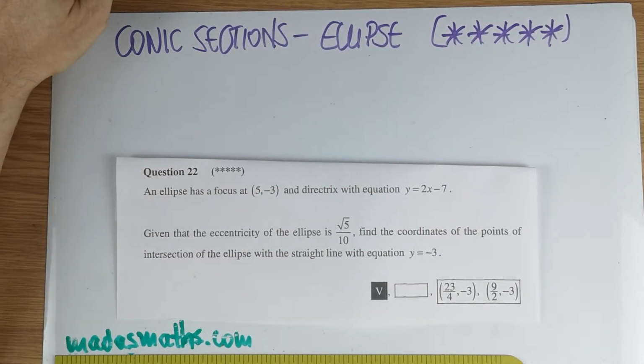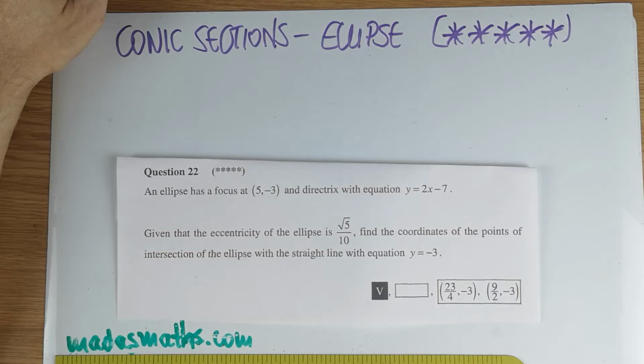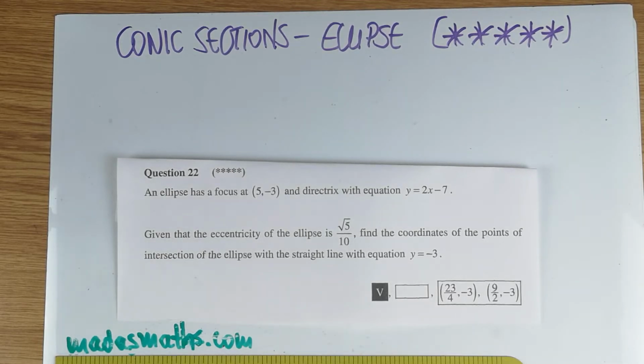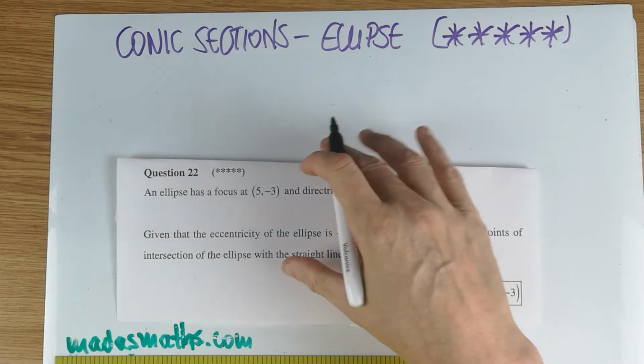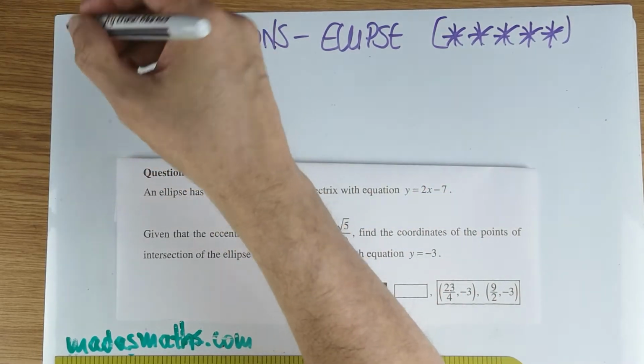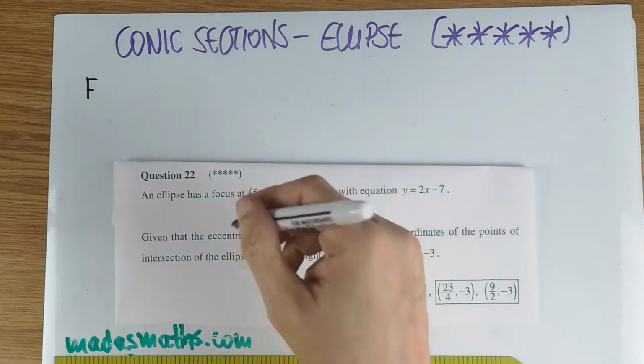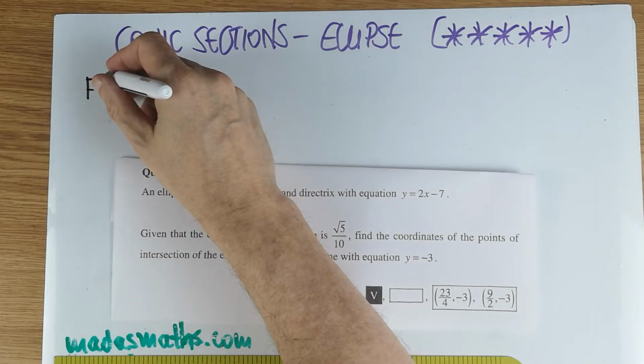Where do we start with something like that? Probably, first of all, start by recording the given information down. It's not a lot to remember, but very little went in when I read it. Maybe I'm a little bit tired at the moment. F for focus.